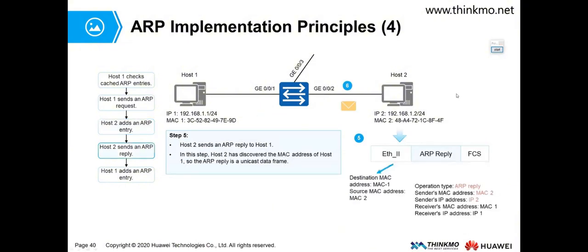Now, in this situation, our host 2 will reply to host 1 with an ARP response or reply message. In the ARP response information, what is the sender's IP address? It's my own. The sender's IP is my IP, which is 192.168.1.2.